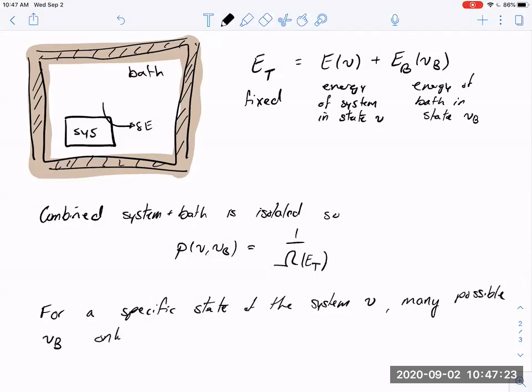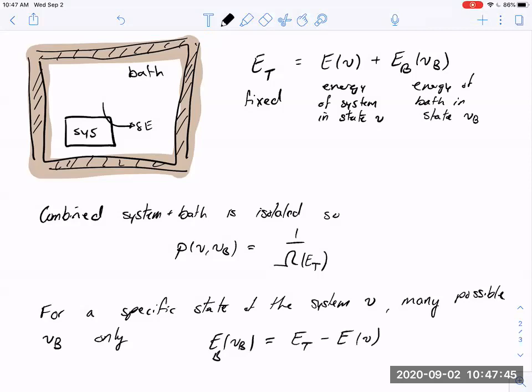We only require that if I look at the bath, the energy associated with that state is equal to the fixed total energy less the energy of the system in the state that I've set.